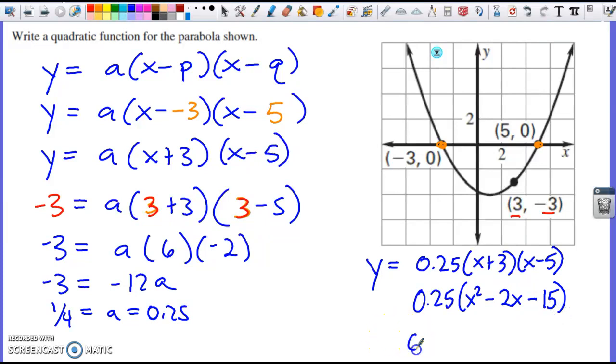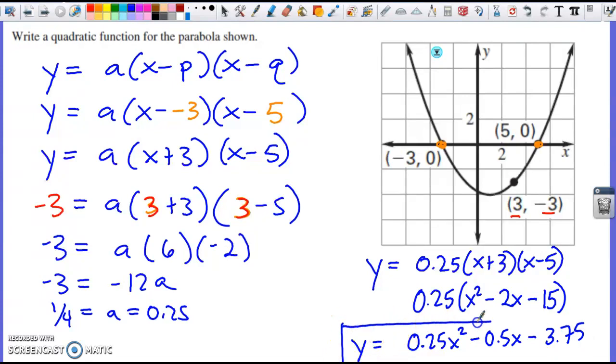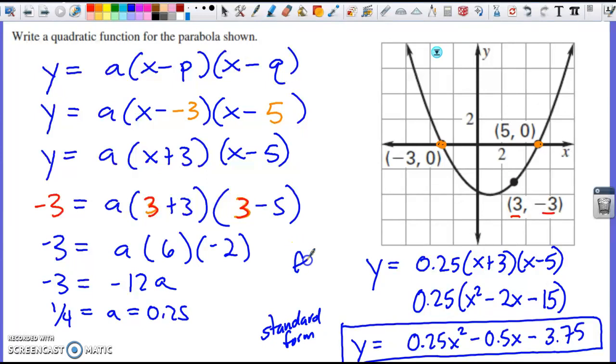Multiply that all out: 0.25x squared minus 0.5x minus 1/4 of 15, which is 3.75. And there is the standard form. I got that just by multiplying it out. So I have standard form here, and I have factored form or intercept form.